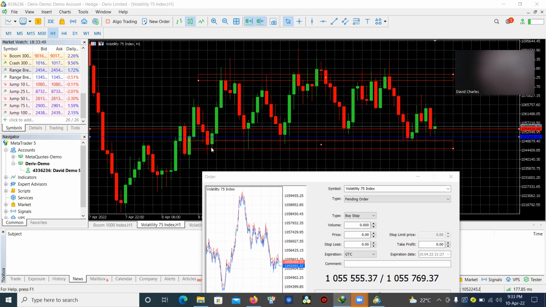Once you set it, this candle will progress. Once it reaches this level, it triggers. Then it continues, bearing in mind you've already put your TP. So it will go all the way. If your TP was here, then it exits your trade. That is a buy stop. Is there any question?